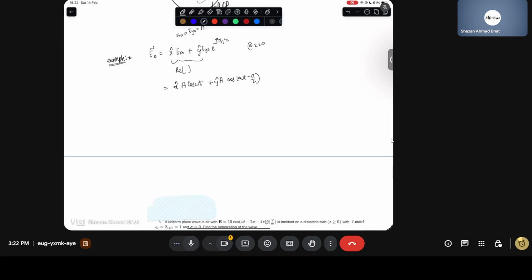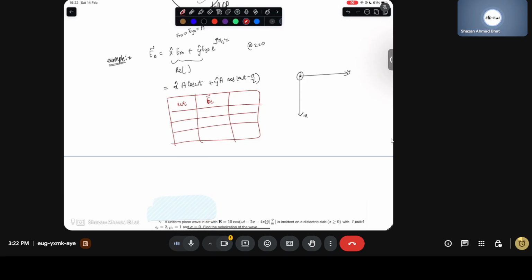Okay. Now again, if you want to draw it, you need to take two axes. Let's say this is y, this is x, and this is the z axis. Now again, you draw a similar table. Let's call this E, electric field. This is omega t. This is electric field, and let's draw it for certain values.